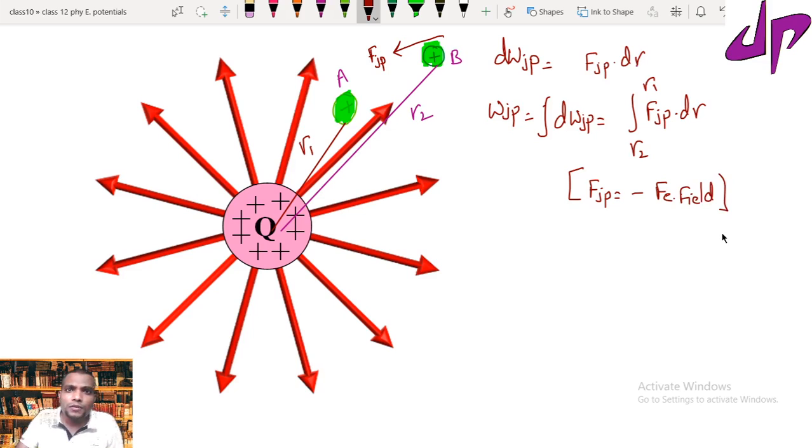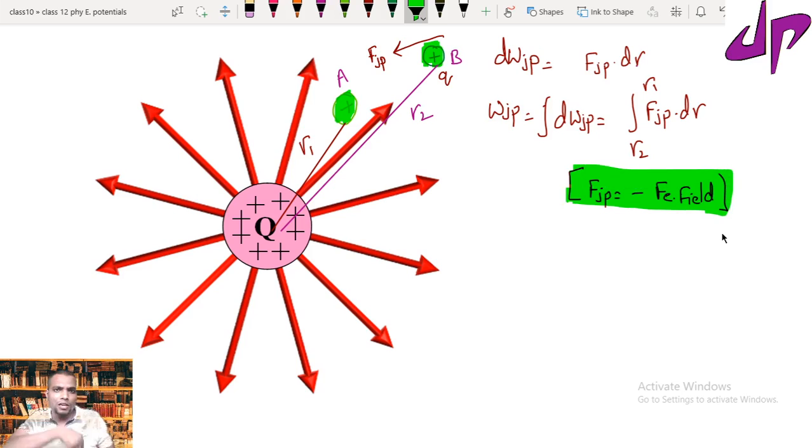Because this is a positive charge small q and the source charge is capital Q, there is a force of repulsion, so this is the helpful case here. I don't know how much force I applied, because I kept the charge in my pocket and started to walk in the electric field.